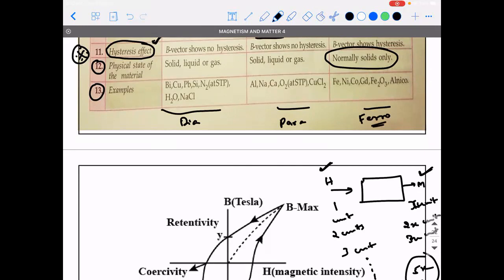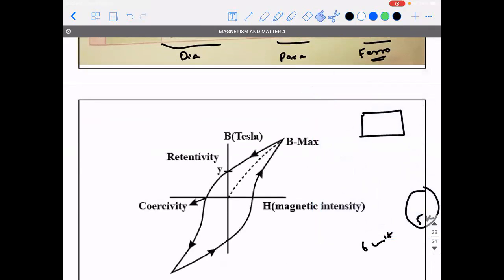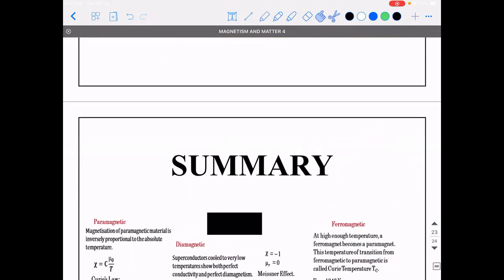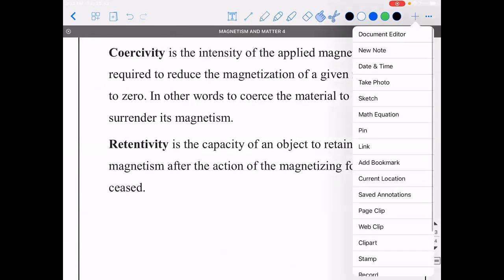Now, I want to explain the hysteresis effect.